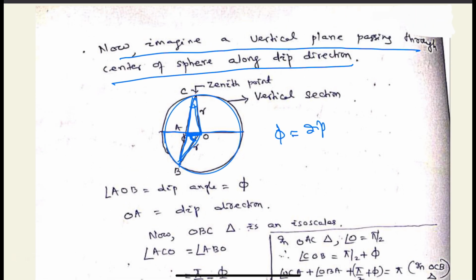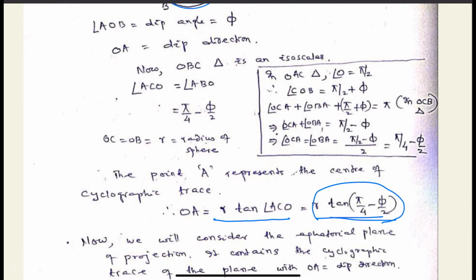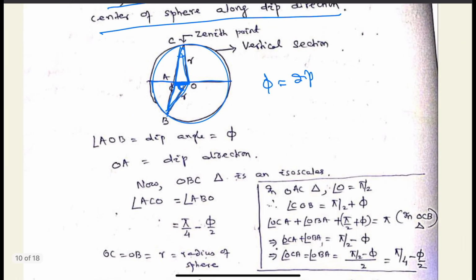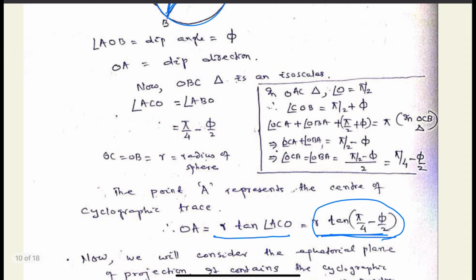So this is the distance that represents the distance of the cyclographic trace from the center of the sphere. So by solving this triangle and taking this angle as phi, that is the dip, we got the OA distance as R tan (pi by 4 minus phi by 2).